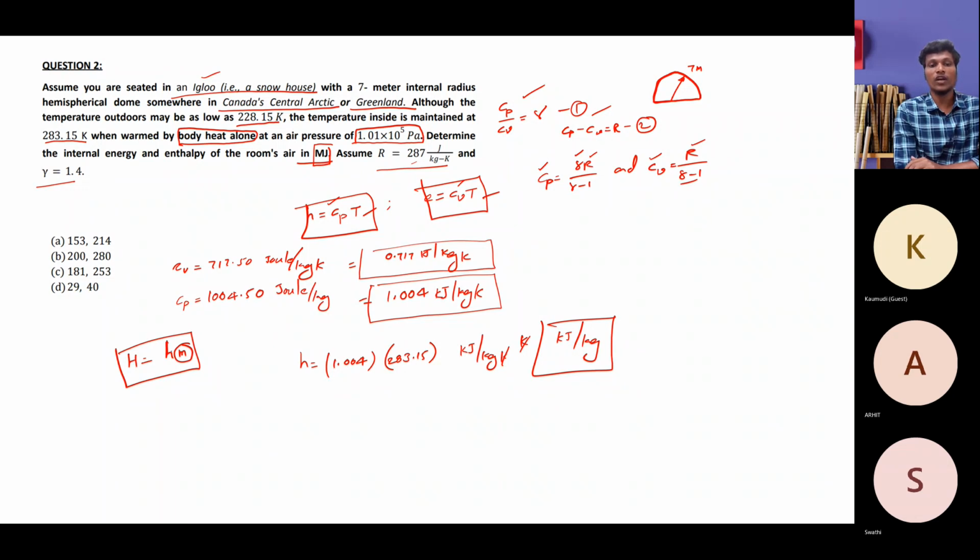Now you have to find the mass of the fluid inside the igloo. The units that we require are in megajoules, not joules per kg. So we need to multiply with the mass in kg, then only we'll get the total energy.